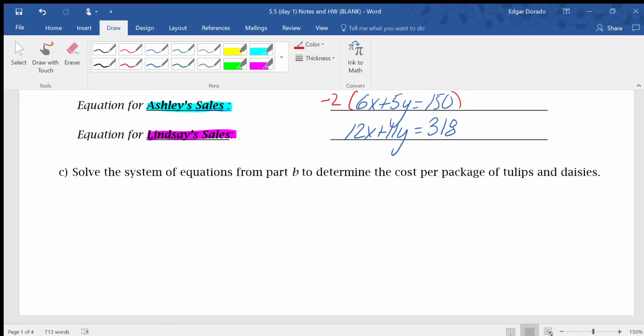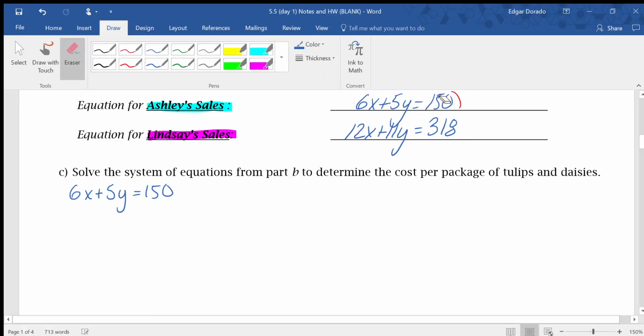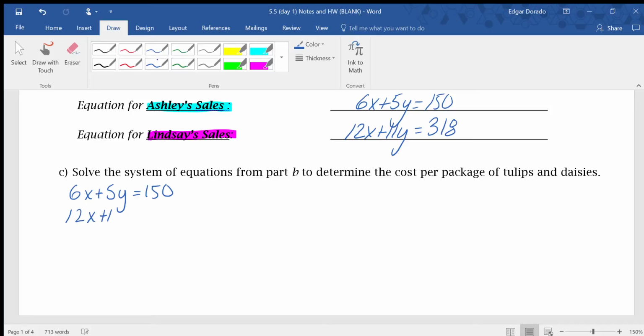Why don't I go ahead and retype my 2 equations here, so I can leave my original equations intact over here on the right hand side. All I'm doing is rewriting my original equations. 12x plus 11y equals 318.